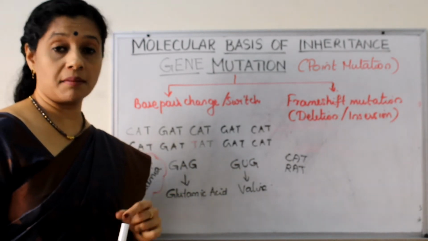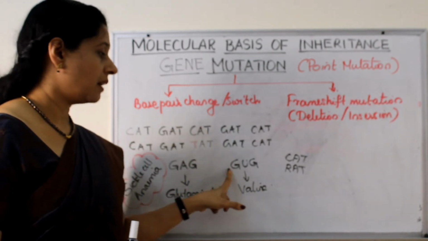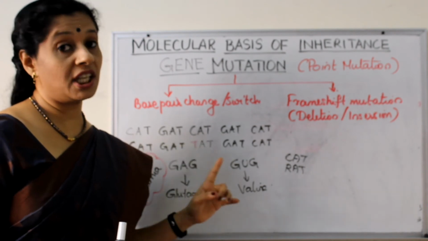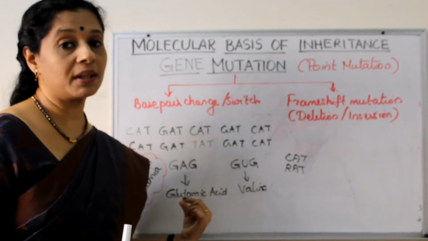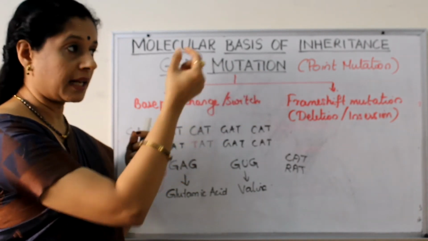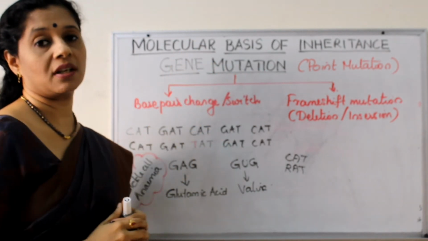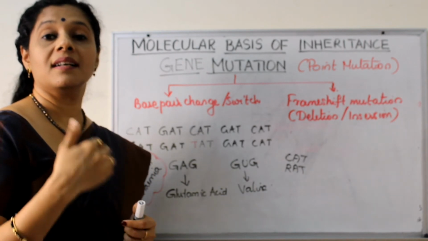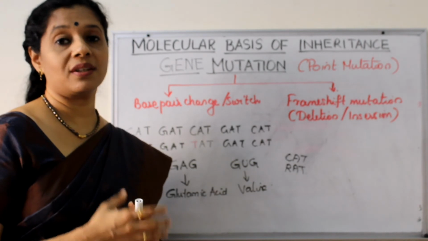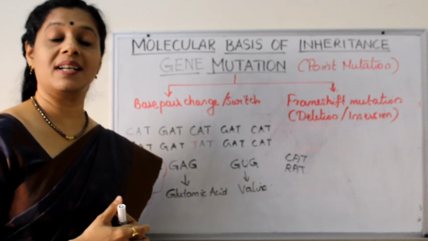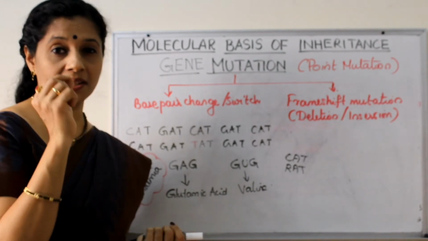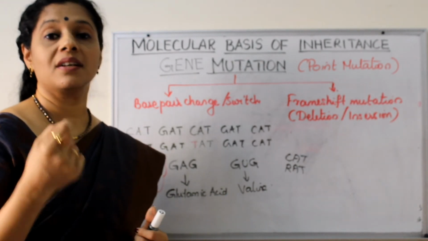But a mutation or a switch occurs, and it becomes GUG instead of GAG. GUG does not code for glutamic acid, it codes for valine. So at one position the amino acid changes, and that eventually changes the shape of the hemoglobin under oxygen tension. These people are affected by a disease called sickle cell anemia. So you see how drastic the effect is. Even with a single switch, the change is drastic.